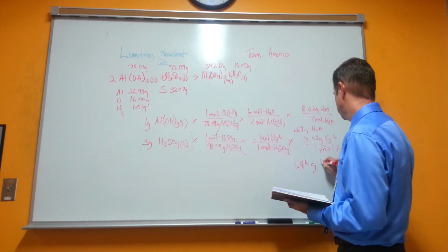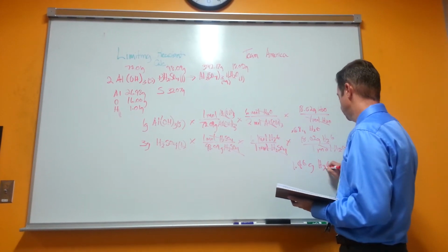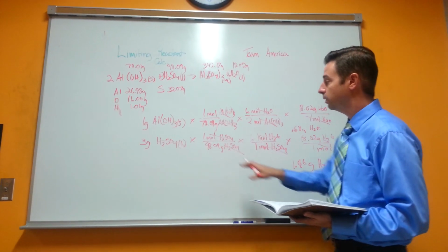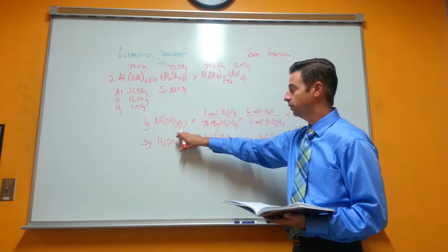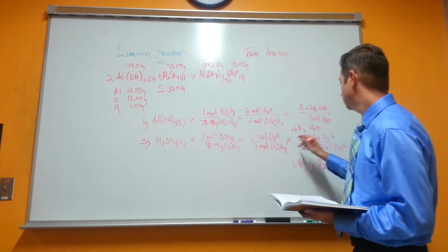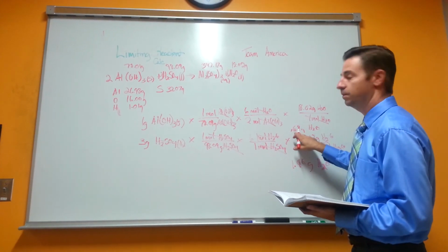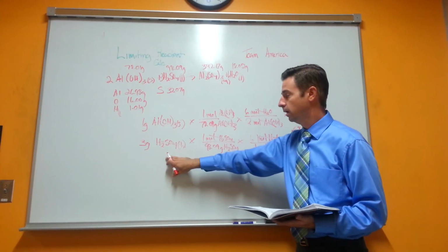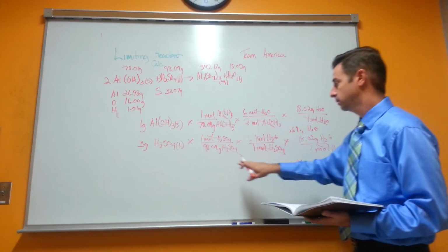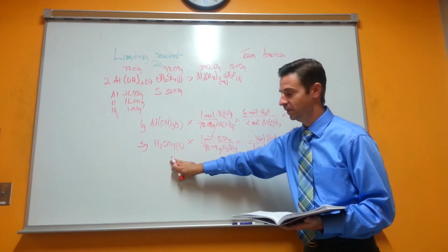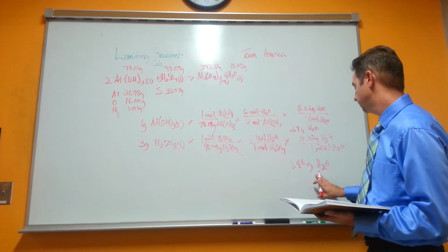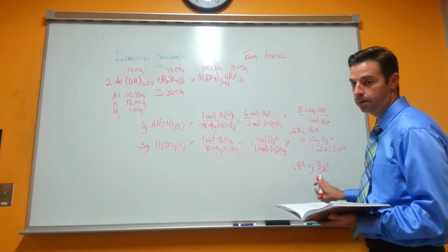1.10 grams of H2O. So in this case, the 1 gram of aluminum hydroxide will get us 0.69 grams of water. 3 grams of sulfuric acid will get us 1.1 grams of water, right?